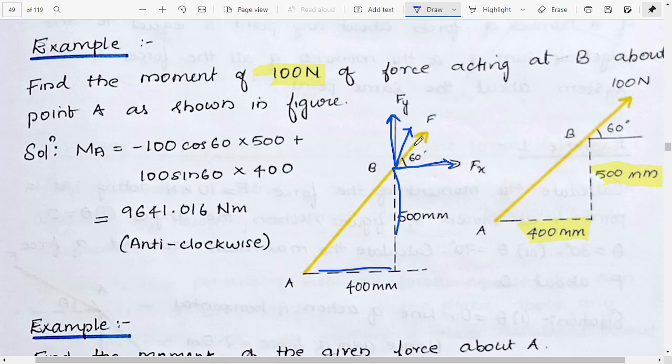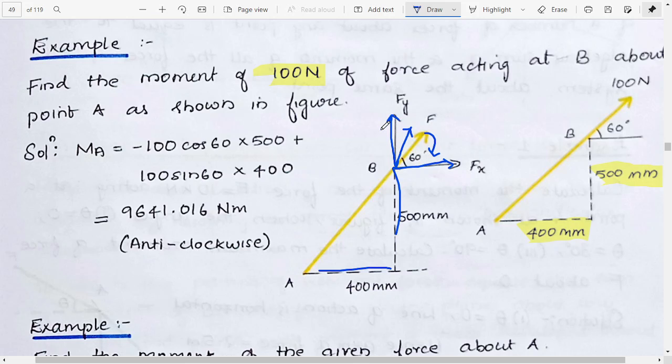So if you are taking this force as 100 Newton, 100 cos 60 is equal to Fx. So it is minus 100 cos 60 into 500, because we are going in the clockwise direction.